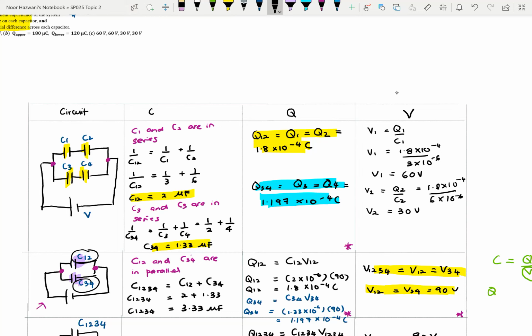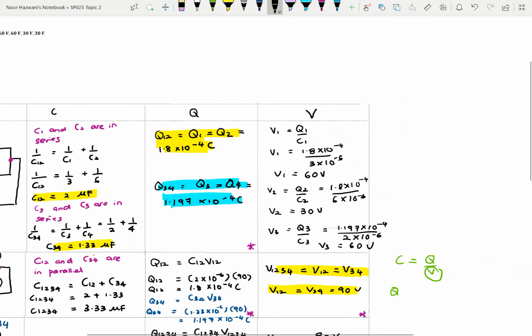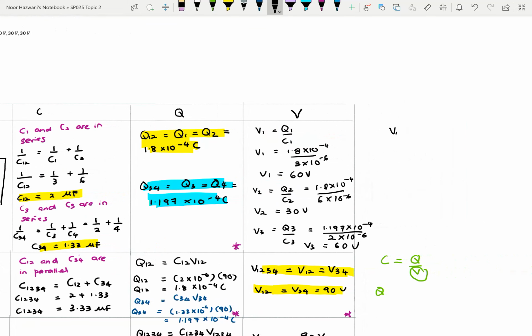Okay. So, proceed with V3. V3 is Q3 over C3. So, Q3 adalah 1.197 times 10 power of negative 4, and then you divide with 2 times 10 power of negative 6. So, V3 adalah 60 volt. Okay, and then the last one, sorry, I punya column tak muat. So, V4 is Q4.